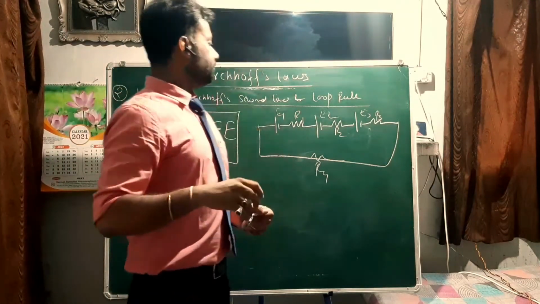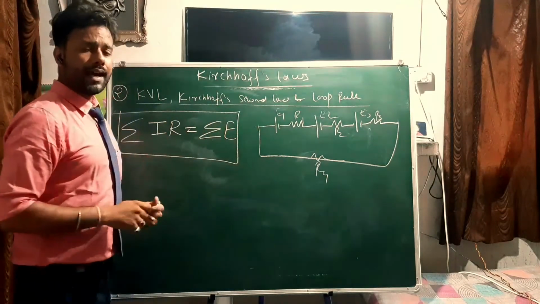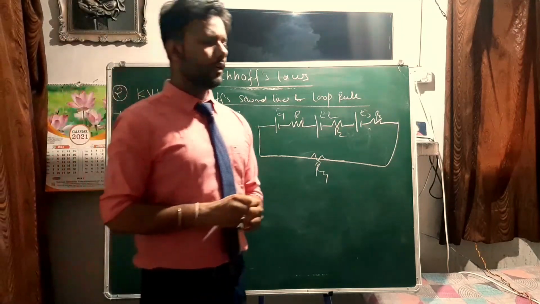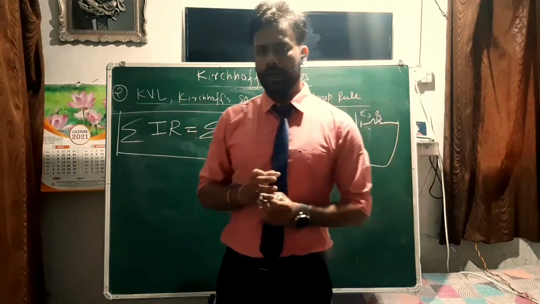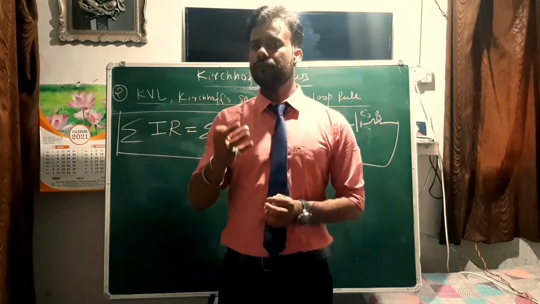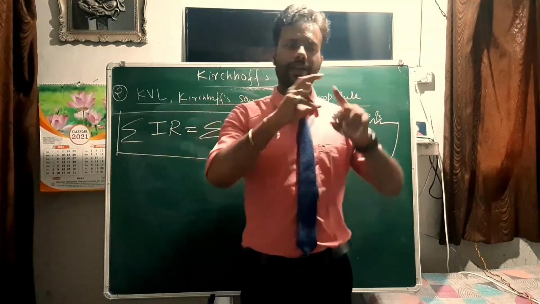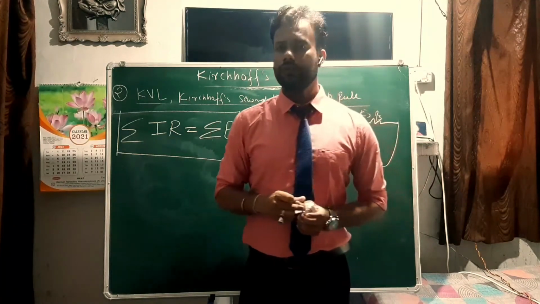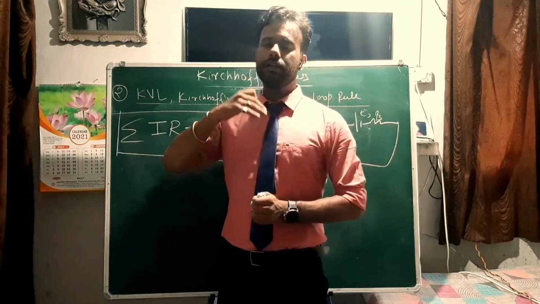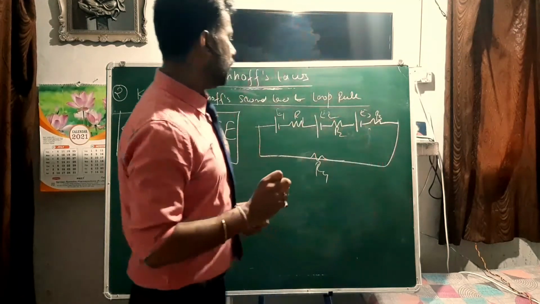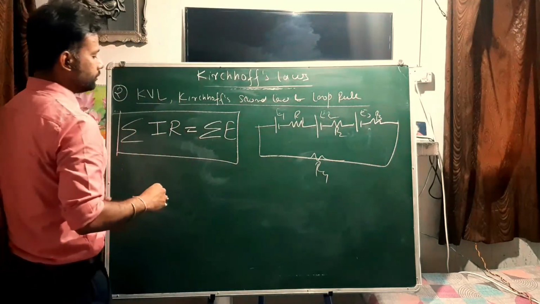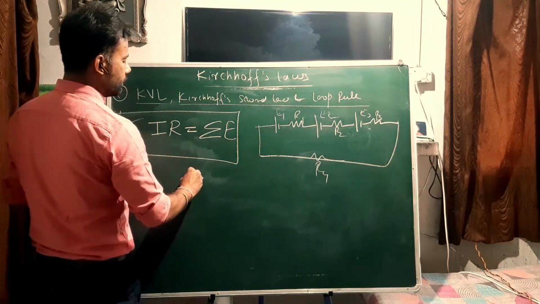Okay, so you will understand this law better when I show you with the help of a loop diagram, right? In which we have a number of branches, a number of resistors, and also some cells.